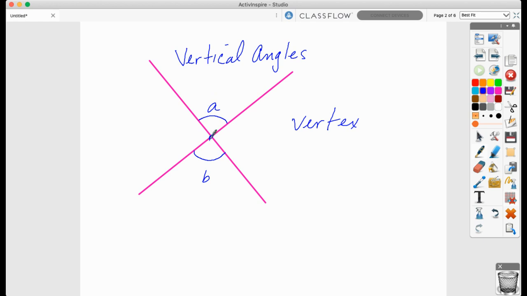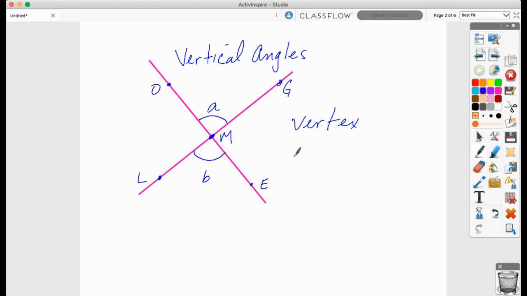If I had a letter here on the vertex, let's say M, so this point was point M, and I had O here, G there, let's go L and E. Then remember, we can use the three letters to name the angle.